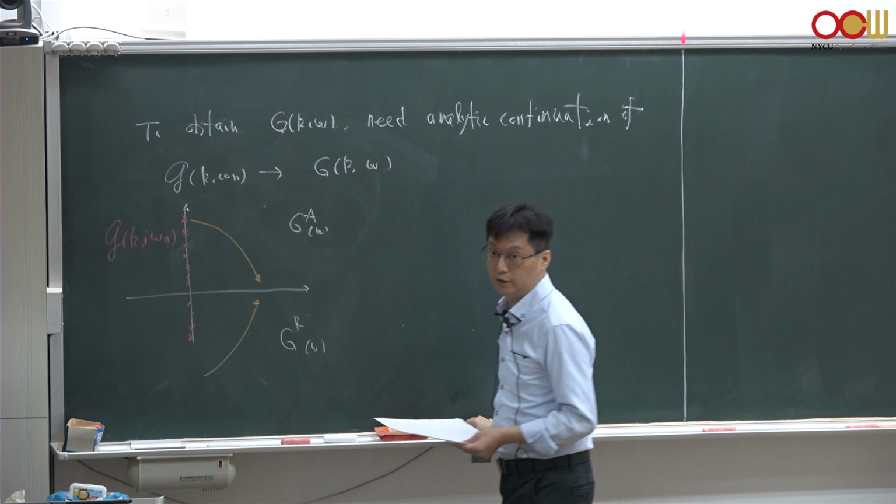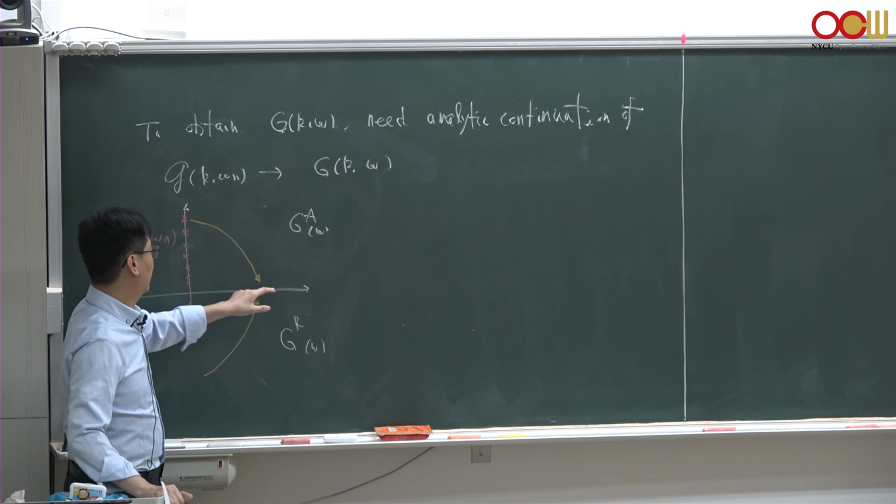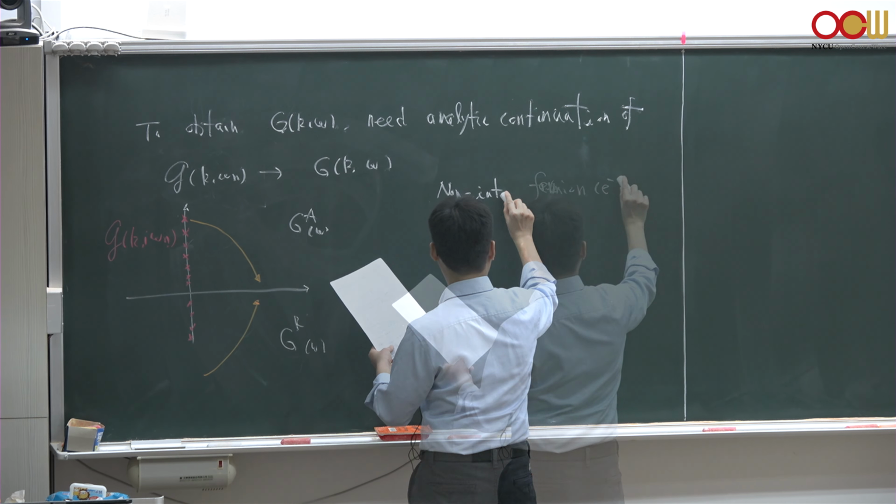If we perform such an analytic continuation from above, then we get G advanced, and from below we get G retarded. Let's realize this in this very simple, naive, non-interacting fermion or electron system.